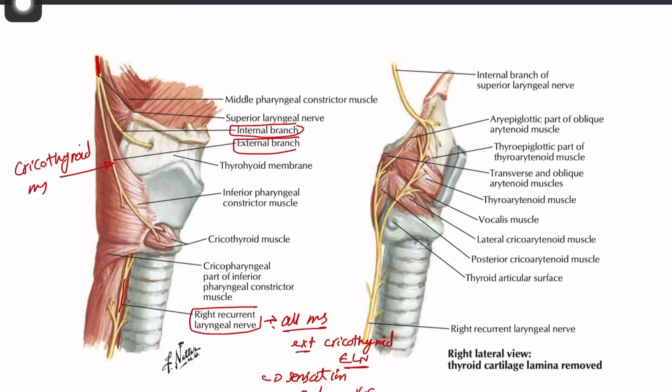And the internal branch supplied the mucosa or sensory above the vocal cords. So what can happen if you have nerve injury to the external laryngeal nerve? Not much really, it's just hoarseness of voice.